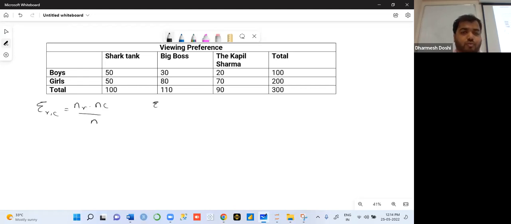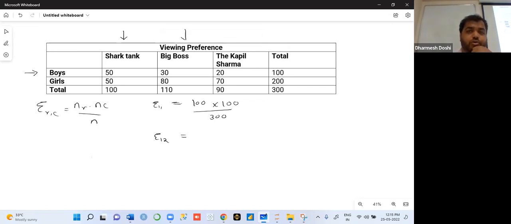So let's solve for E11. E11 means first row, first column. What is the total of the first row? 100. Total of the first column? 100. Total number of rows? 300. Next one, E12: first row, second column. Here R is 1 and C is 2.